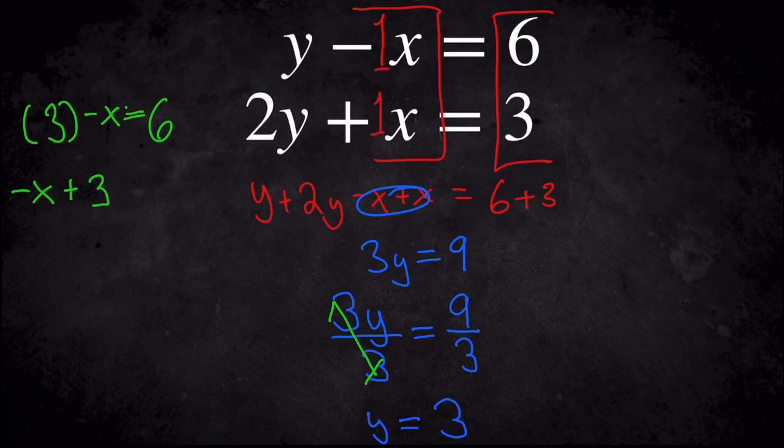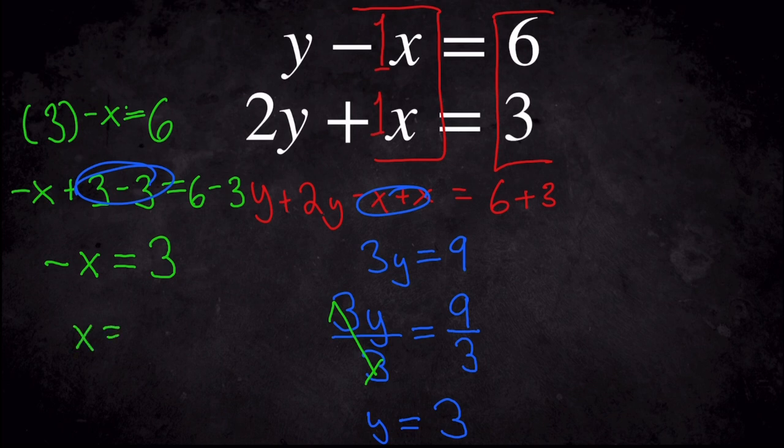Now, we need to take away 3 on both sides, so minus 3 equals 6 minus 3. This becomes canceled out. That means negative x equals 3. Divide both sides by negative 1. x equals negative 3. So the answer is negative 3.